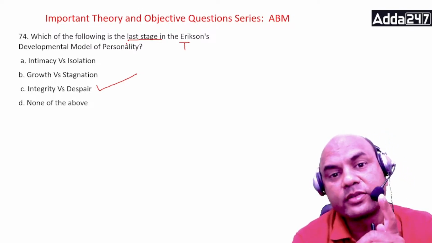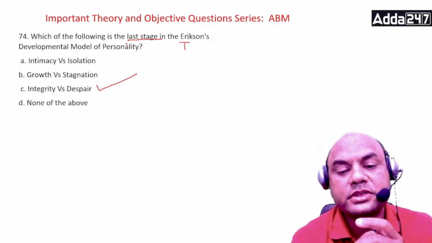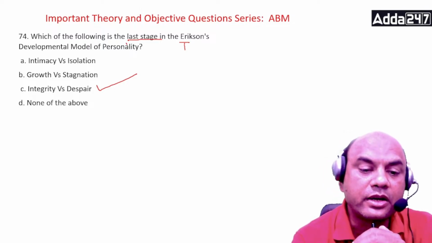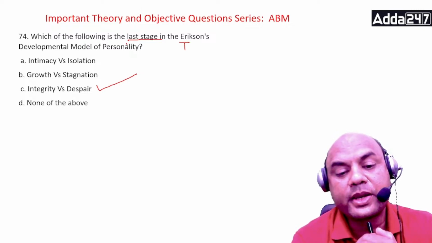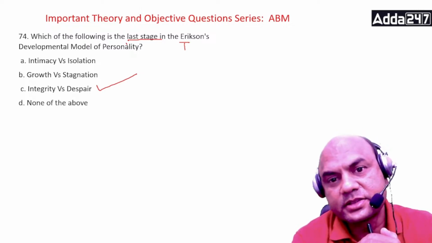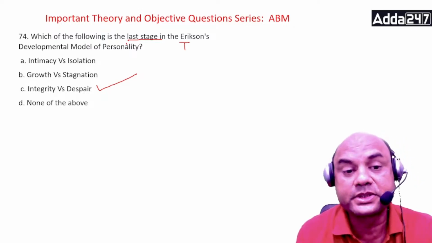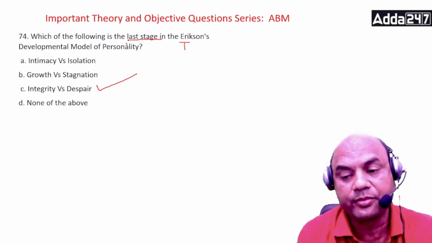Remember, Erikson has 8 stages of psychological development from infancy to adulthood. During each stage, a person experiences a psychological crisis which could have a positive or a negative outcome on the personality of that human being.